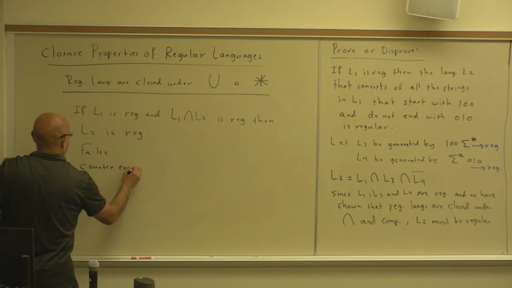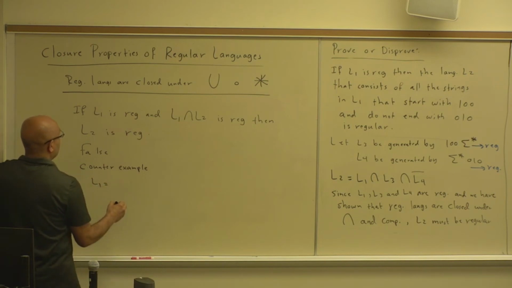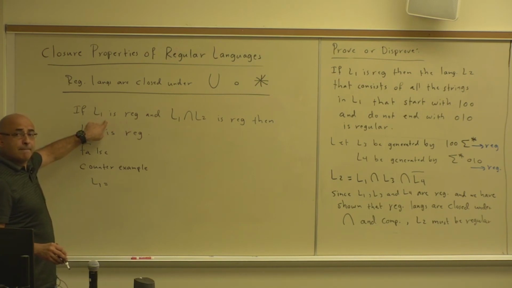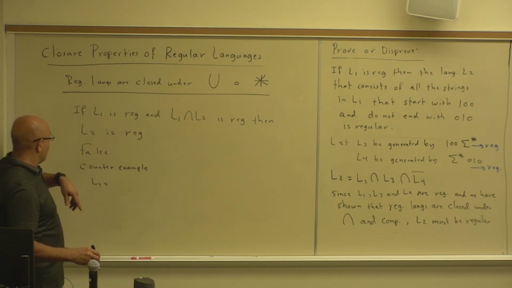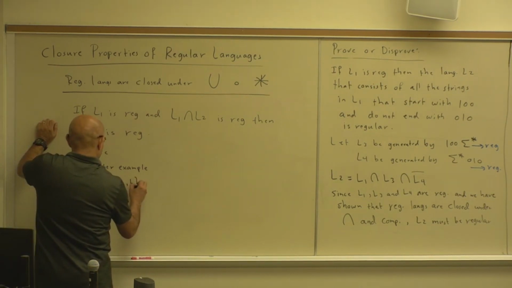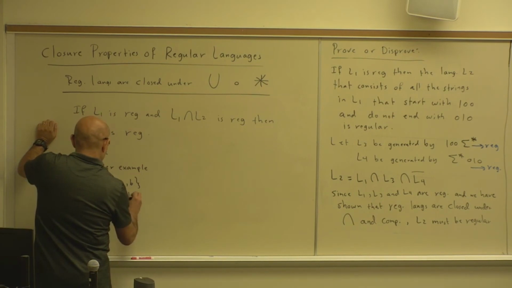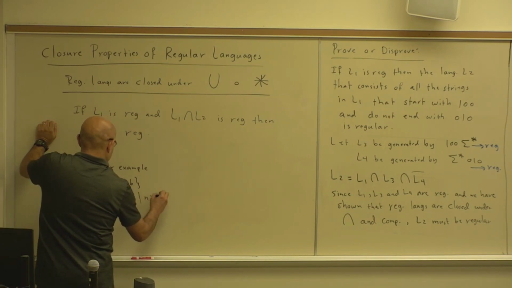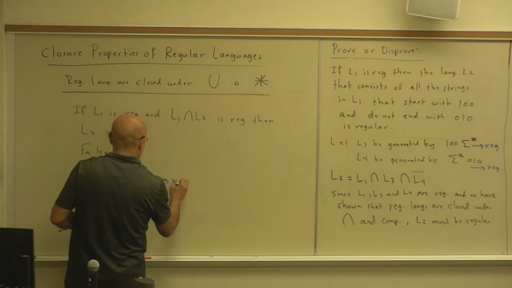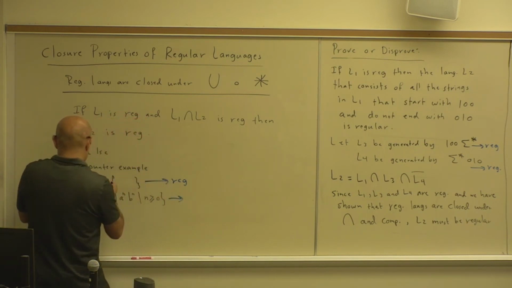L1 equals AB, just the single string AB, and then L2 could be A to the N, B to the N, N greater than or equal to 0. So L1 is clearly regular, since it is just one string, AB.